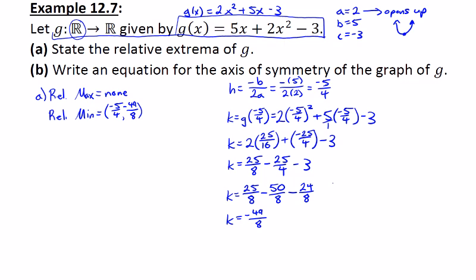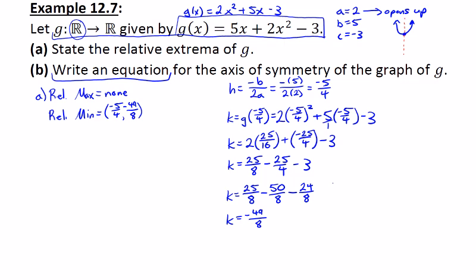Part B is write an equation for the axis of symmetry of the graph of g. So we've talked about how the axis of symmetry always has to cross through the vertex.